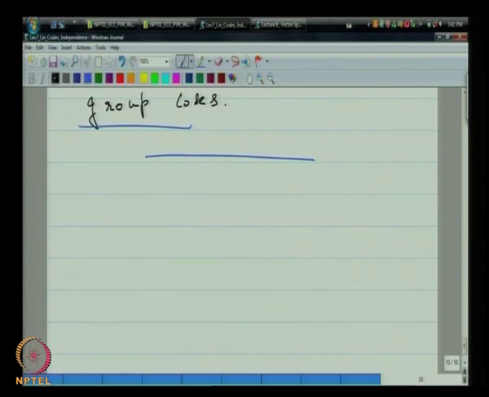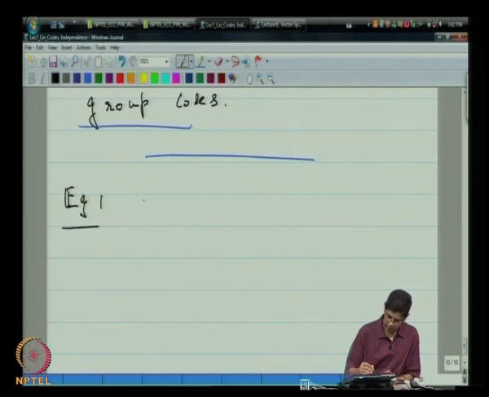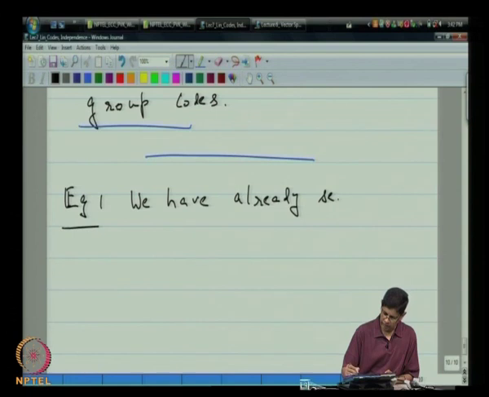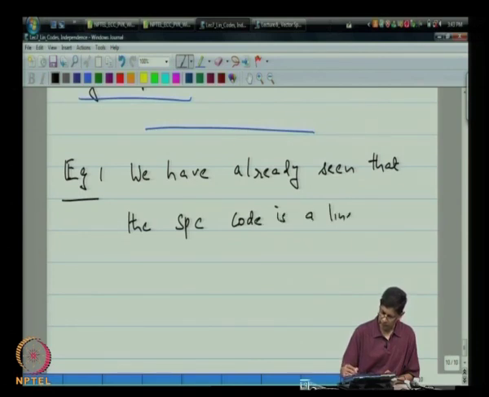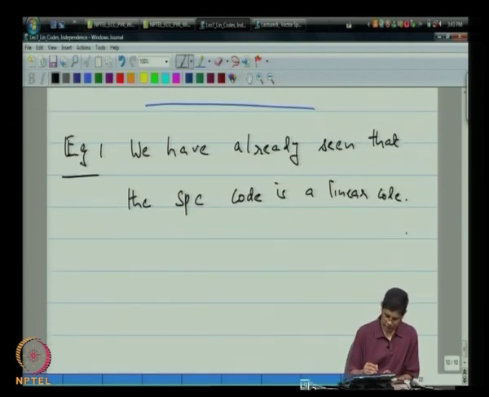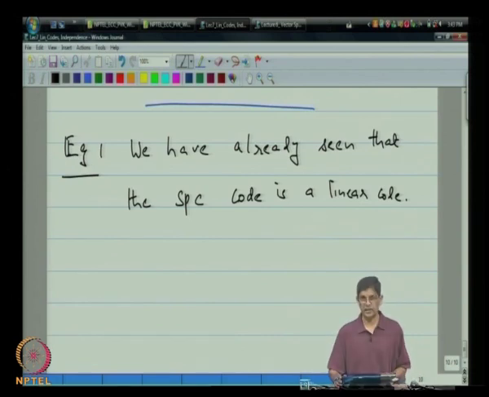Now, as far as examples go, we have already seen that the single parity check code is a linear code, simply because what we did was we verified that it is a subspace, and a linear code is nothing but a subspace.